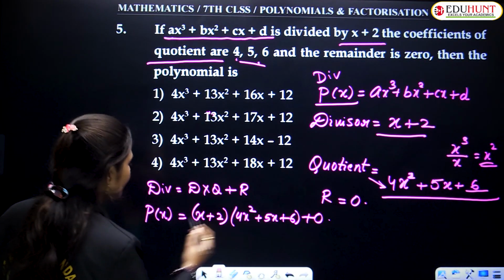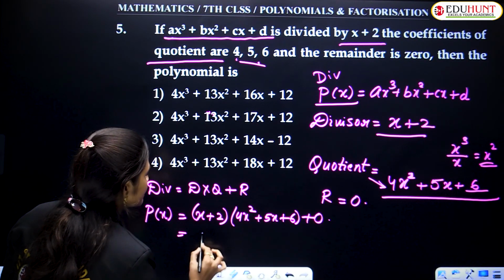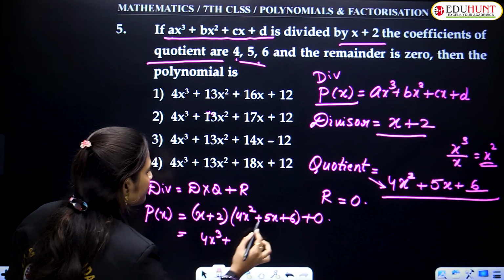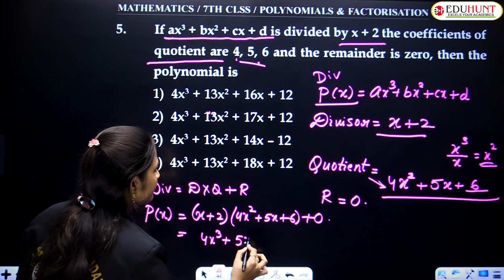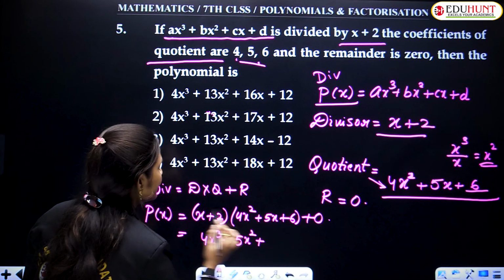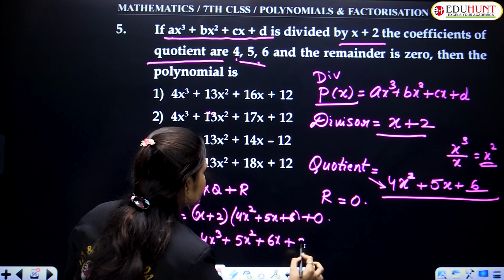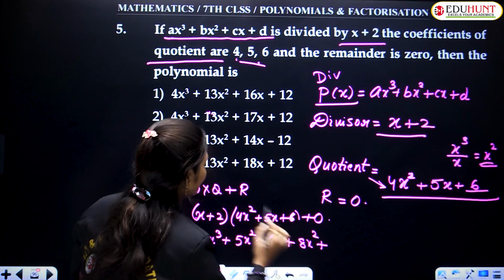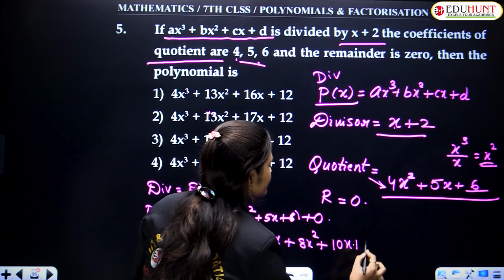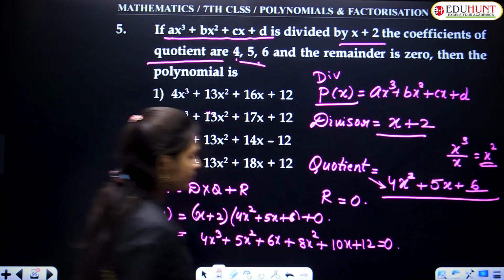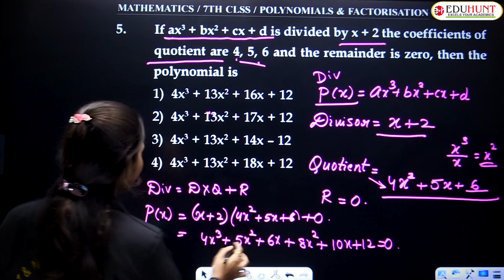Now simplify this. x into 4x square is 4x cube, plus 5x into x is 5x square, plus 6 into x is 6x, plus 2 4s are 8x square, plus 2 5s are 10x, plus 2 6s are 12, which is equal to 0. Now simplify this.